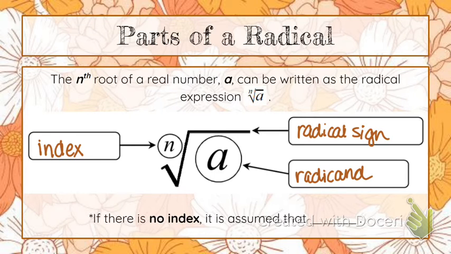And we probably know this already, but when there is no index, it is assumed that n equals 2. So it's assumed that it's the square root, or the second root. It's assumed it's the square root if there is no index given.